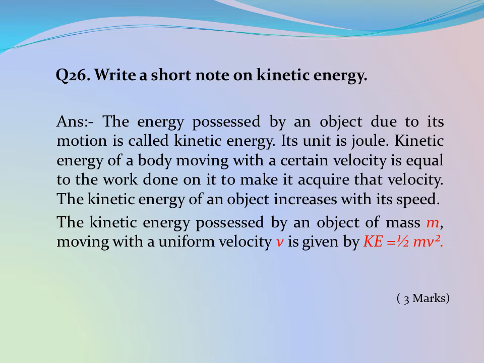The kinetic energy of an object increases with its speed. The kinetic energy possessed by an object of mass m moving with a uniform velocity v is given by KE equals half mv squared.